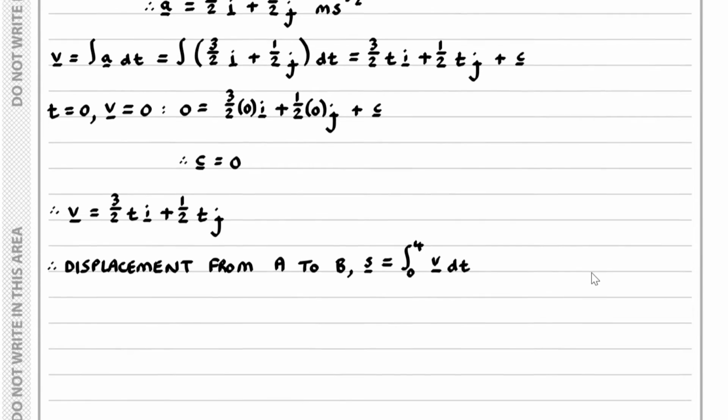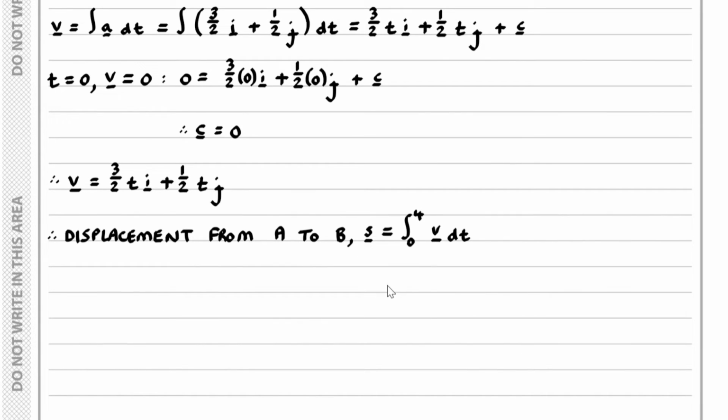So we will be integrating between 0 and 4 v, which is 3/2 t i plus 1/2 t j.